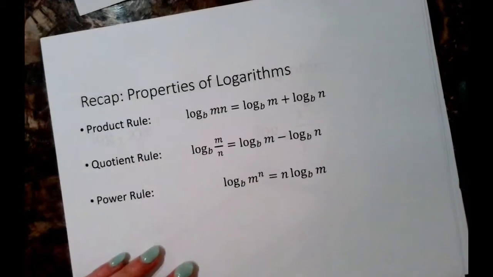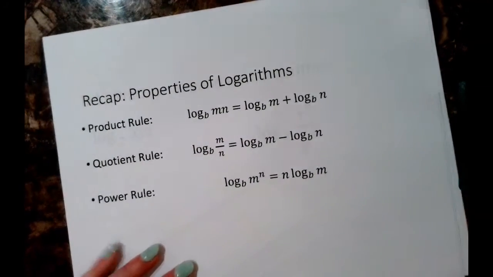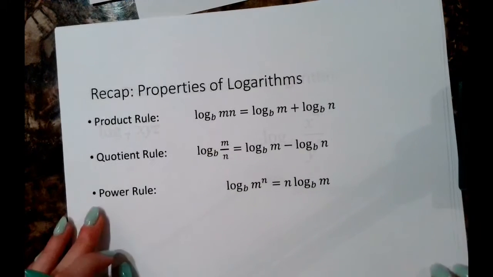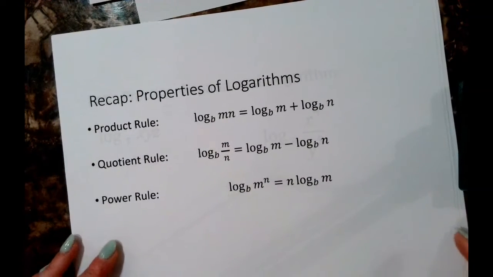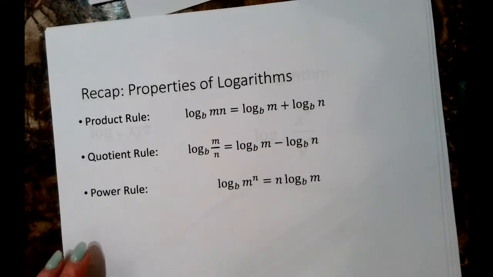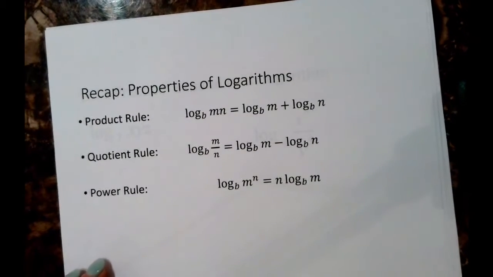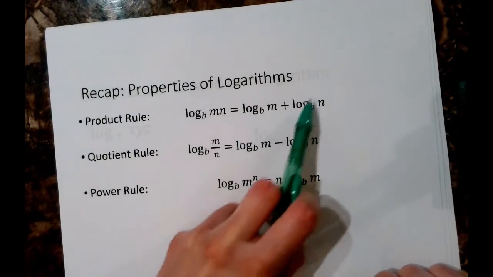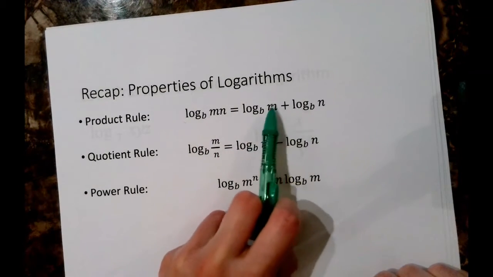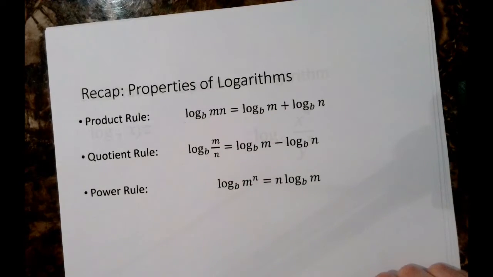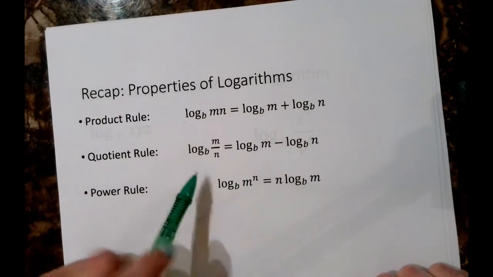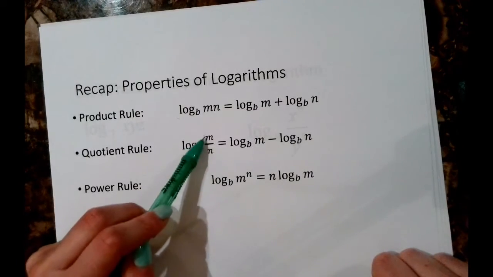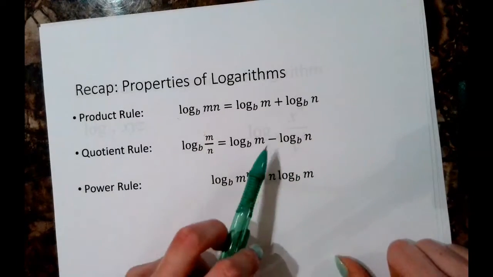Okay, so this should be a review from Algebra 2, but in case we've forgotten, we've got some properties of logarithms. The first one is the product rule. That says that any two things that we are multiplying inside of a logarithm can be separated. We keep the same log base and we put addition in between them. If we are dividing, same log base, we can separate them out using subtraction.